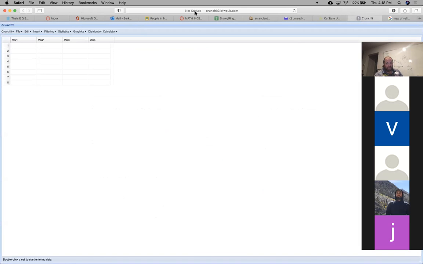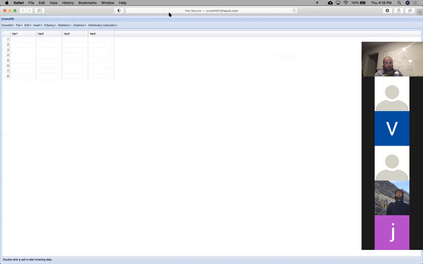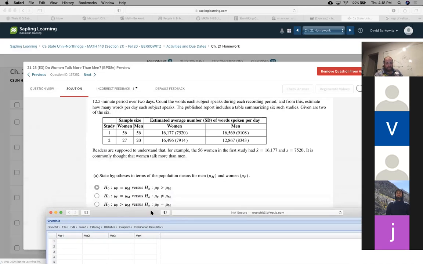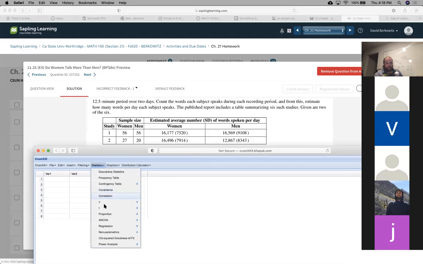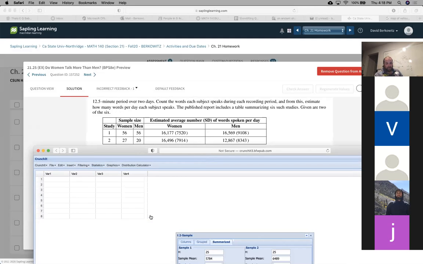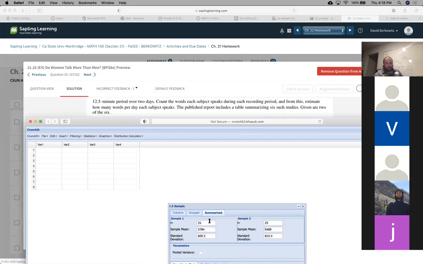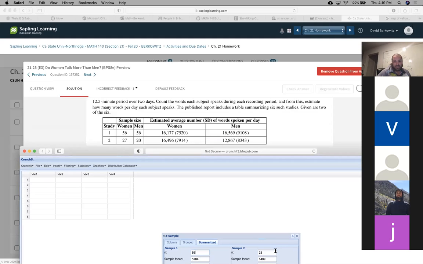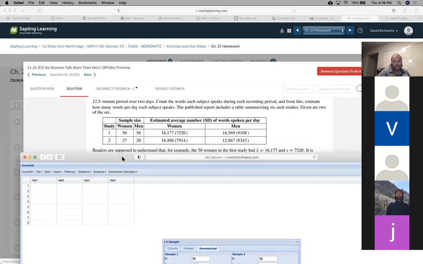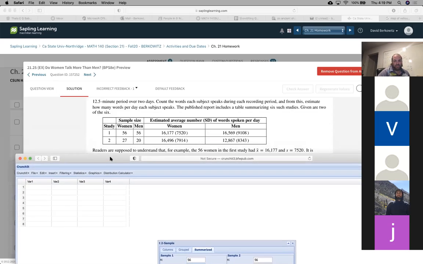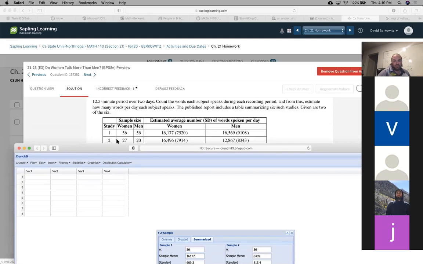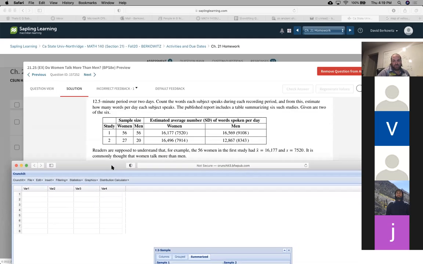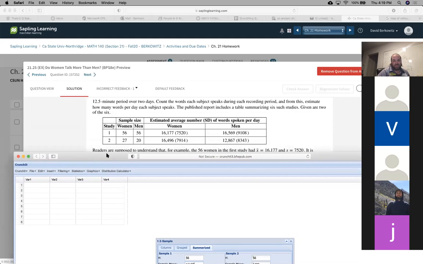So let's do the first study. It's a t, 2 samples, and we're going to use summarized data. So in the first study, there were 56 women and 56 men. The women's average was 16,177, with a deviation of 75.20.